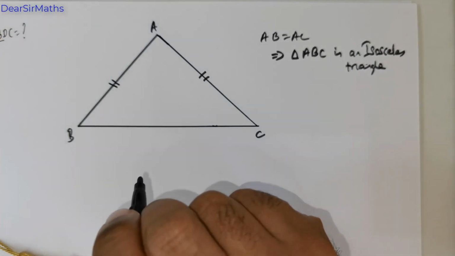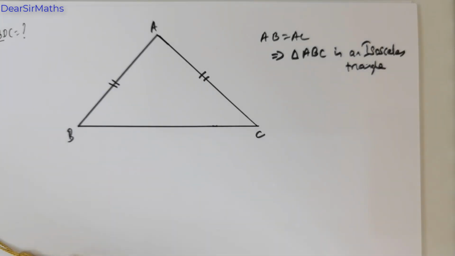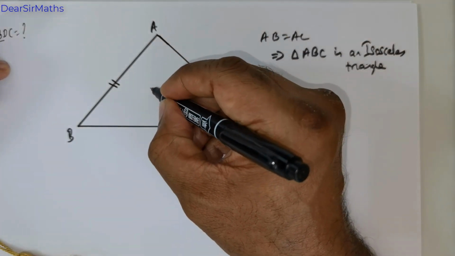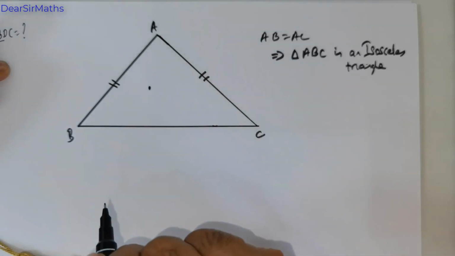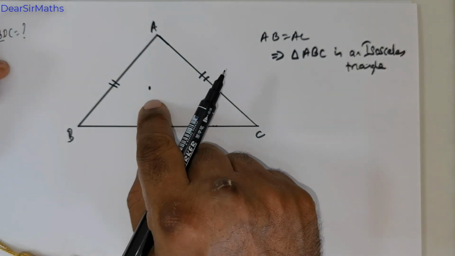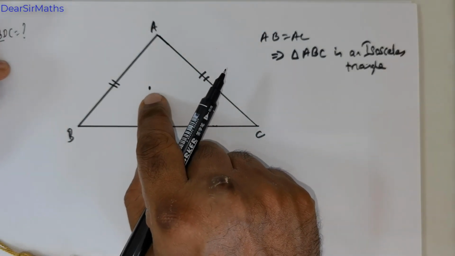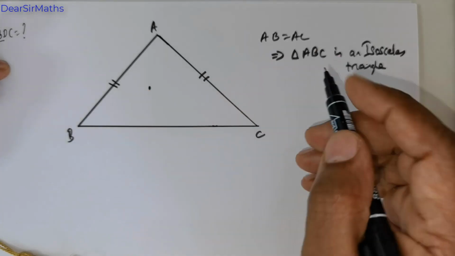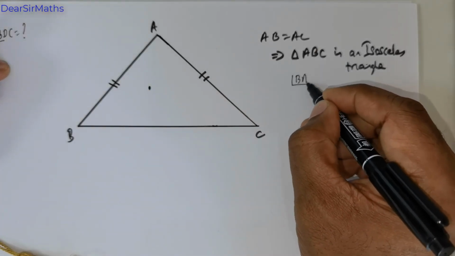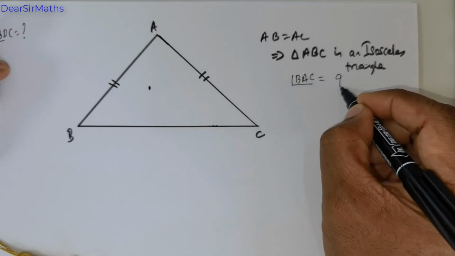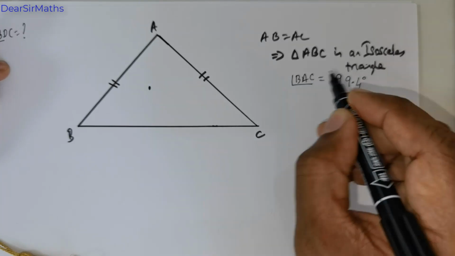and then we are given a point inside this triangle, say some point D. Now before I could go to this point, we've been given that angle BAC is equal to 99.4 degrees.